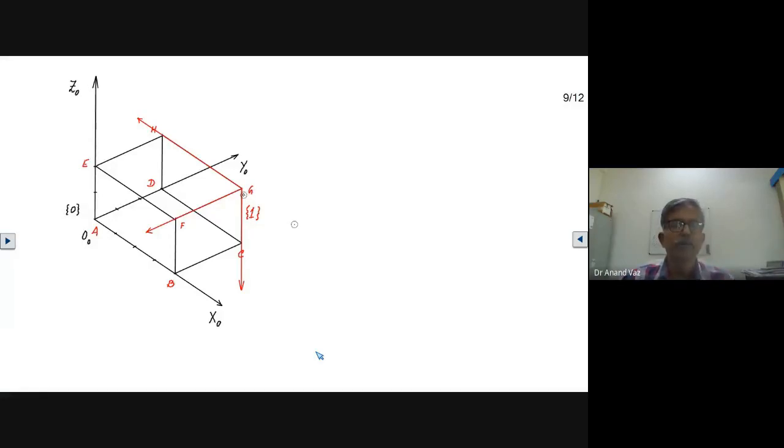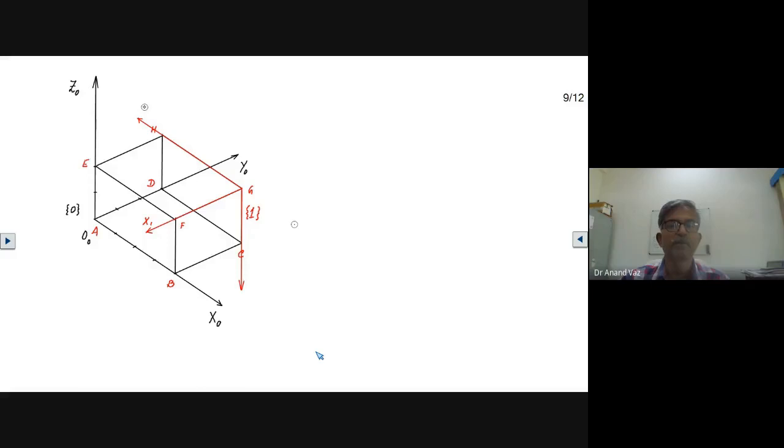We have not decided what the directions should be, and deliberately I'm taking this as x1.